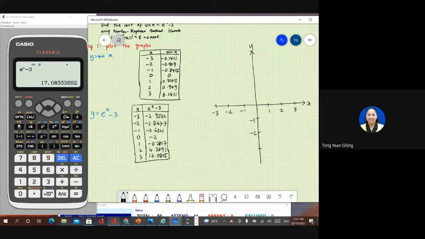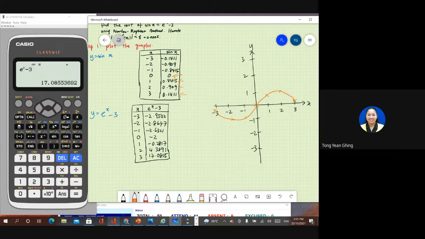Negative 1, negative 2, negative 3, then 1, 2, 3. That's enough. So at this point 0, 0. Then 1 is nearly 1, 2 is nearly 1, and then 3. This one is at this point. Then here, also nearly 1. So it looks like this.